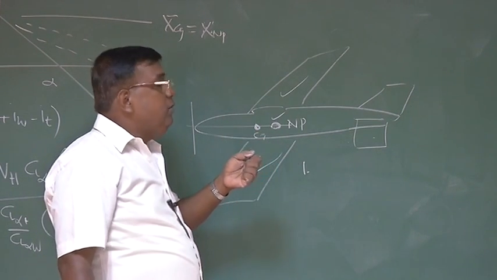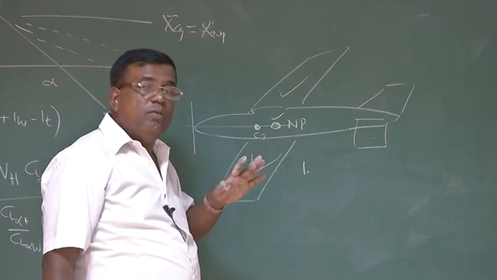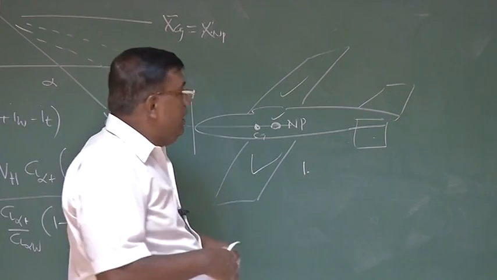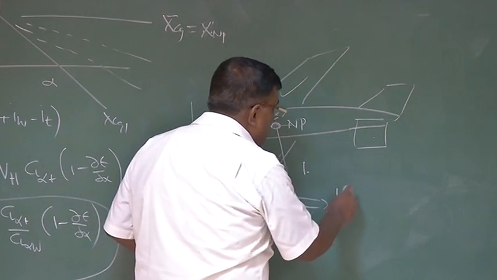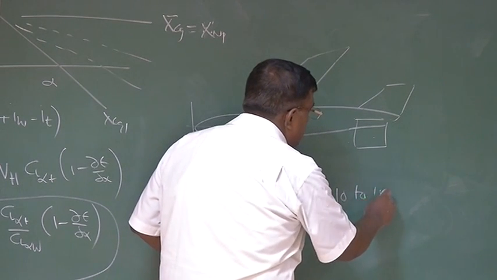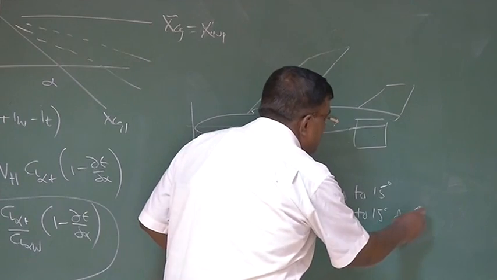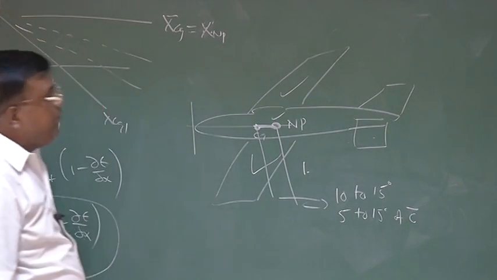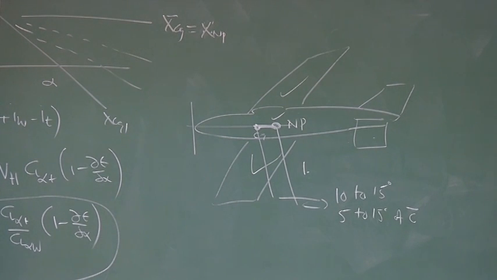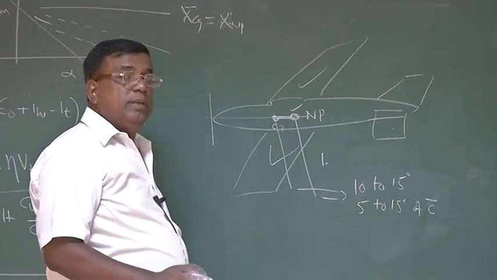So you need to have large control force to control it from one CL to another CL. You don't want that. So typically you will say, I want this separation to be 5 to 15% of C bar. That this distance is typically 5 to 15% of the mean aerodynamic chord. And that is a quite good stability margin, and you can have your controls applied comfortably.